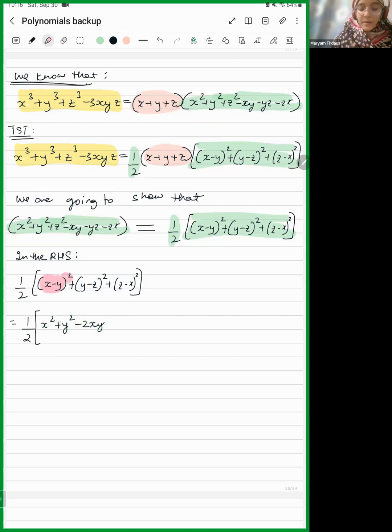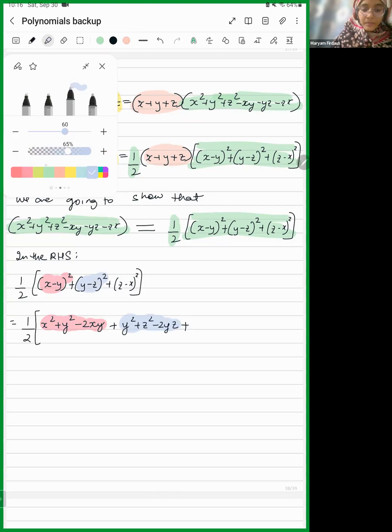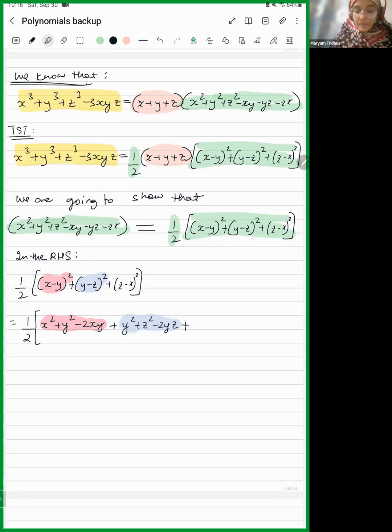Very good. Next term. Z square plus x square minus 2zx. Very good. So this is equal to this.